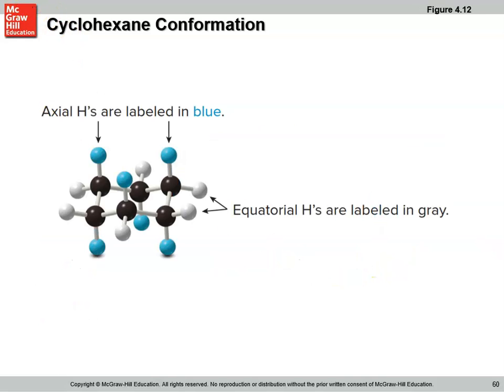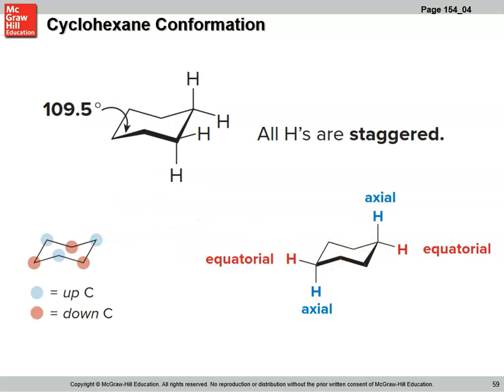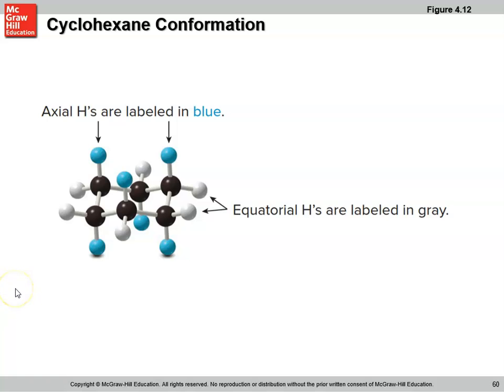In that last figure, just a few of the hydrogens were shown, but now in this figure we have all of them. The blue are showing the axial positions. You can see that it goes every other carbon: this is axial in blue, this one going down, this one going up, down, up, down.